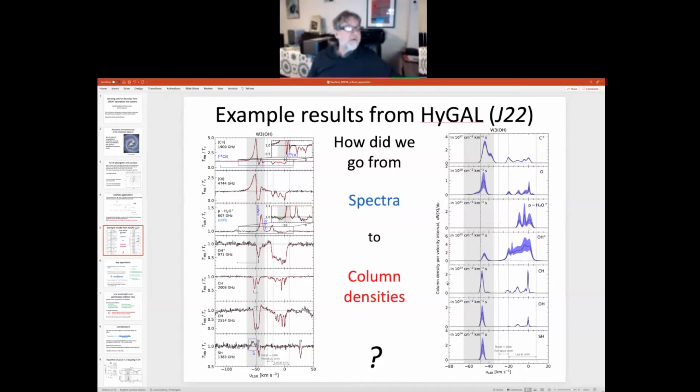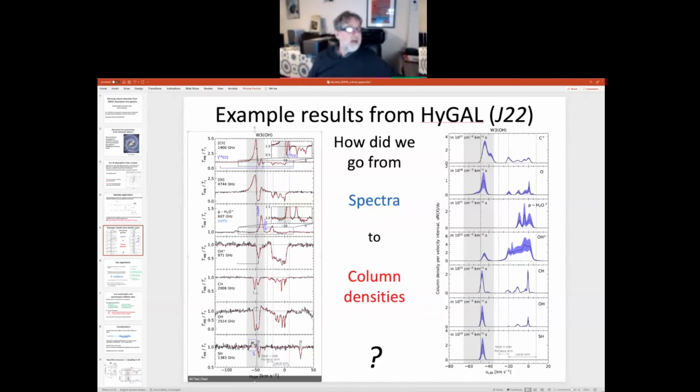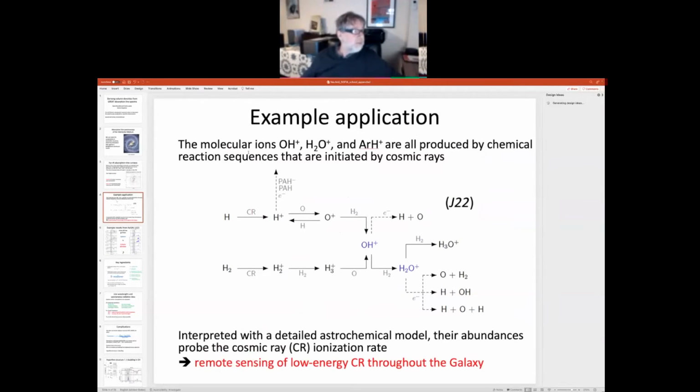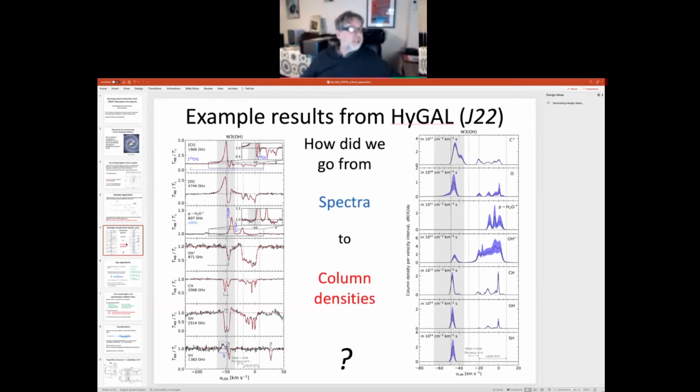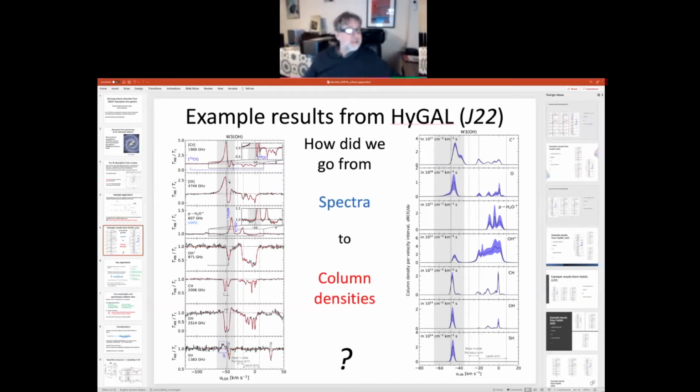And these are all carried out towards the source W3OH, which is emitting in this shaded region near the center of the plot. But we're actually not very interested in the source itself. We're more interested in the absorption by the foreground material that is unassociated with the source. And that's what you see here.